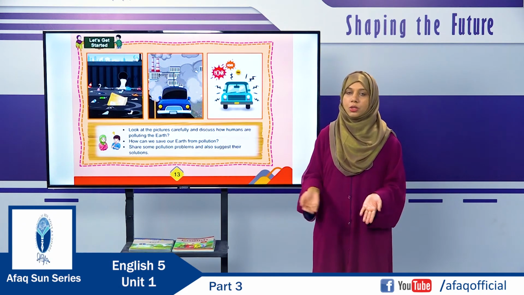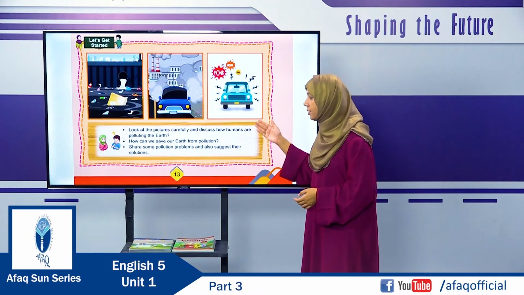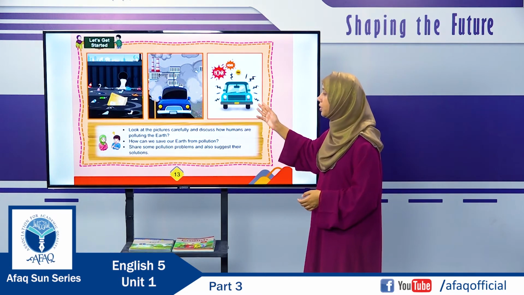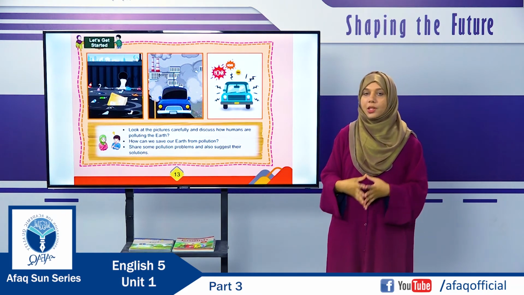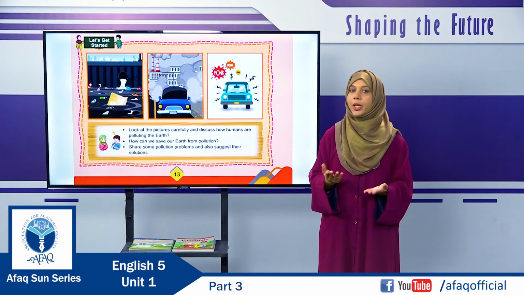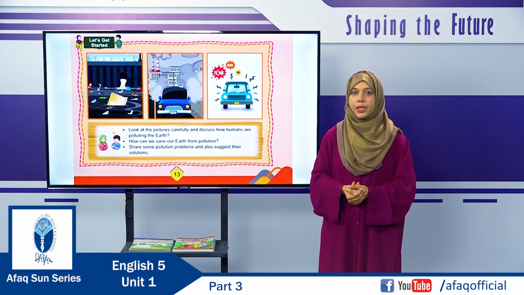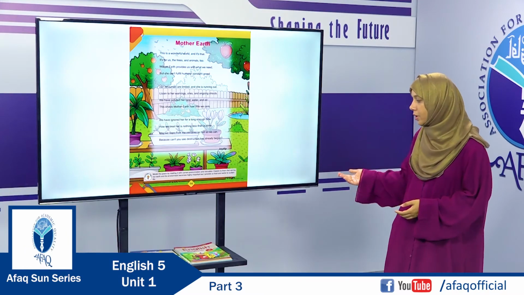Therefore, noise is also a form of pollution. Now you have to answer these 3 questions related to these pictures. Pause this video, read these questions carefully and discuss their answers with a partner or your parents or your teachers or your siblings.